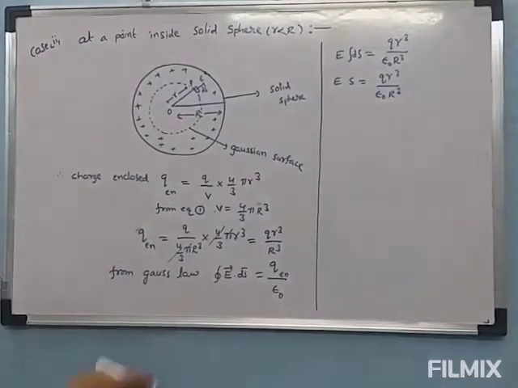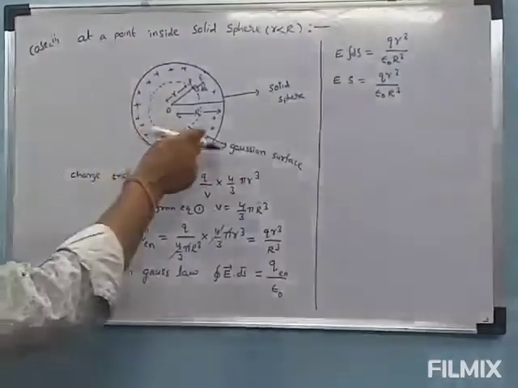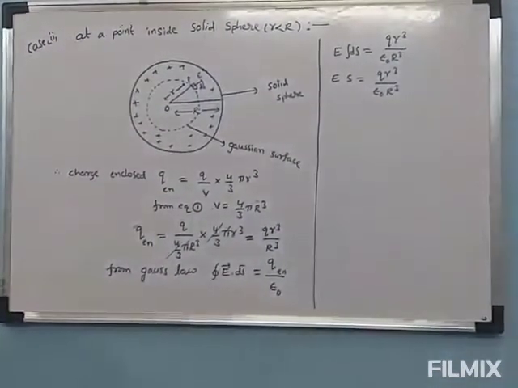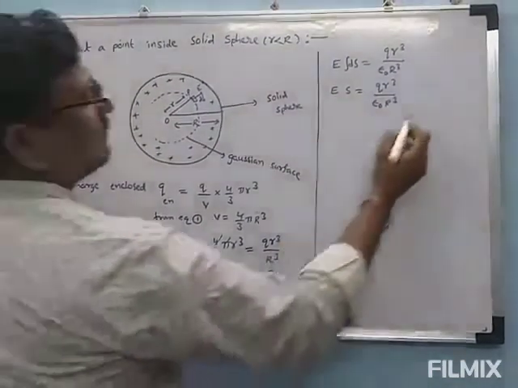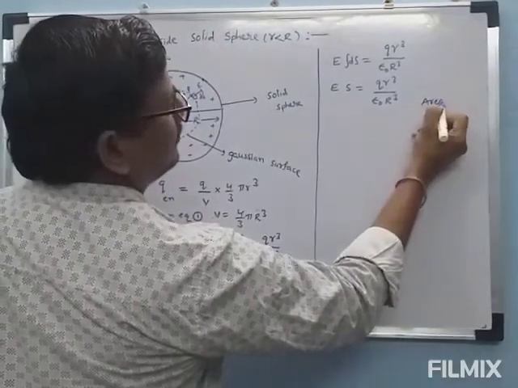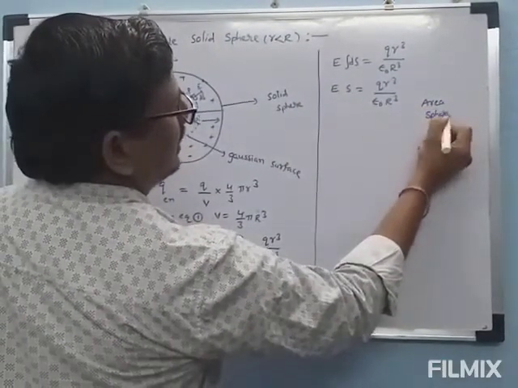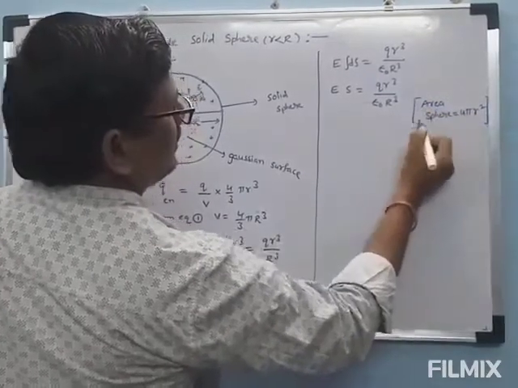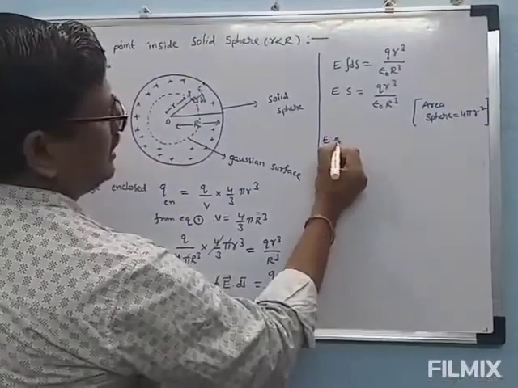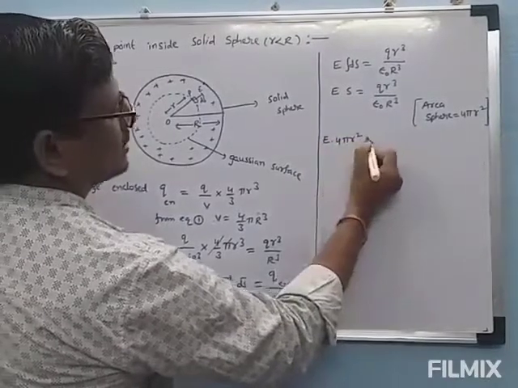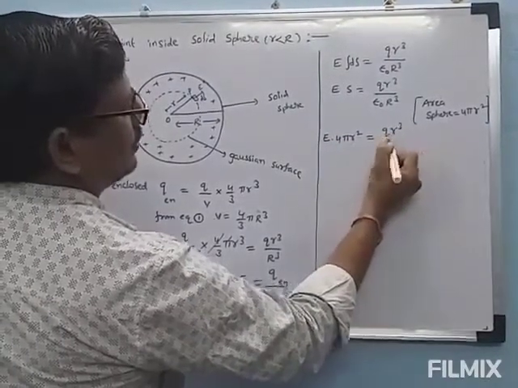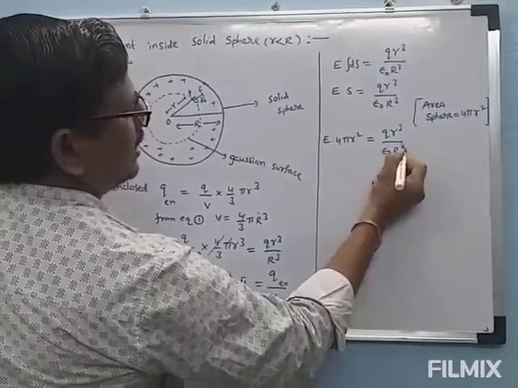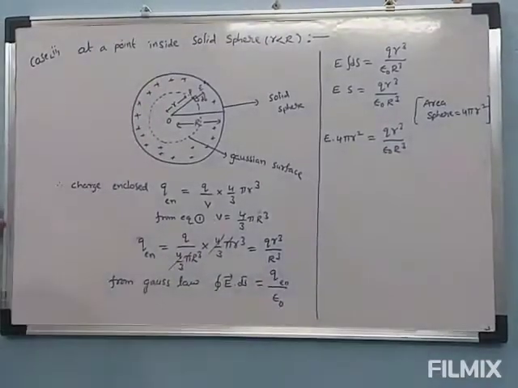S is nothing but the surface of the sphere, the surface area of the sphere. The area of a sphere is equal to what? 4 pi into r square. Then we can substitute here: E into 4 pi r square is equal to Q into r cube by epsilon naught into capital R cube.